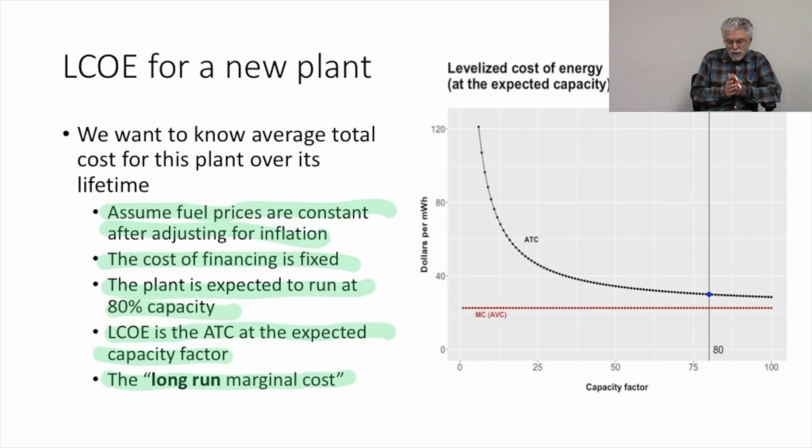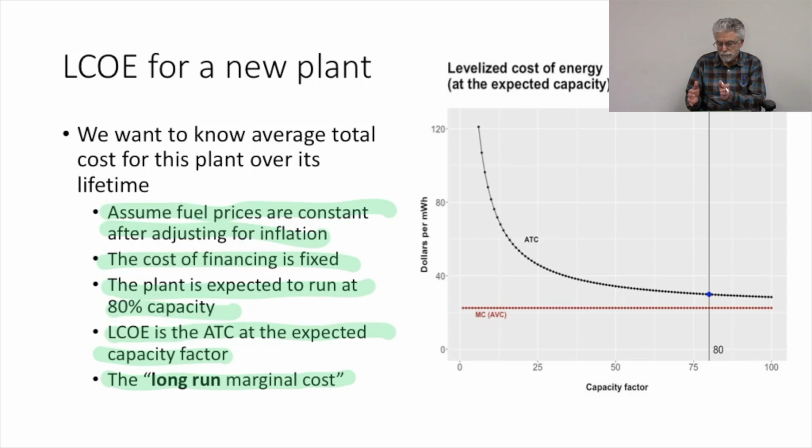If I'm going to be running a plant at 80% capacity factor for its entire life, and I want to think about what would it take to generate 1 additional megawatt hour, it would take 2 things. It would take a slightly bigger power plant and additional variable costs over the course of the power plant.